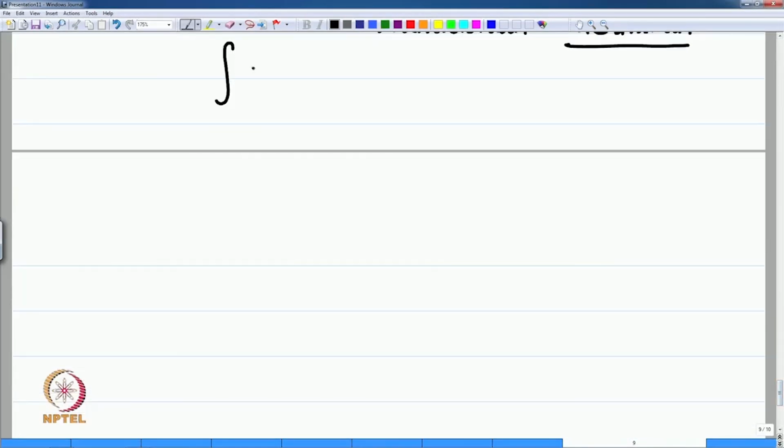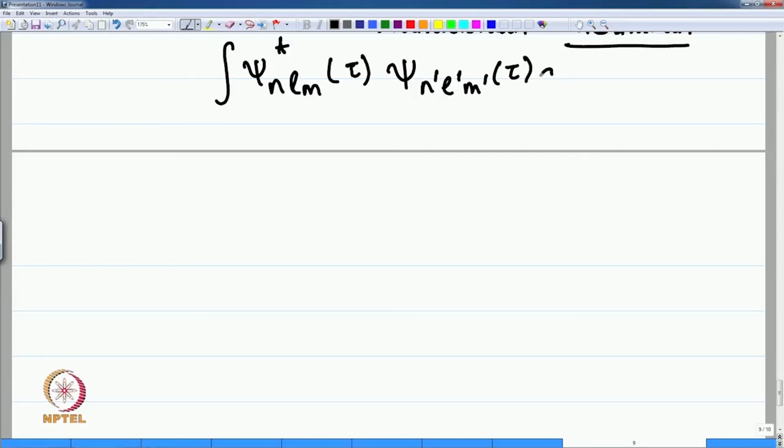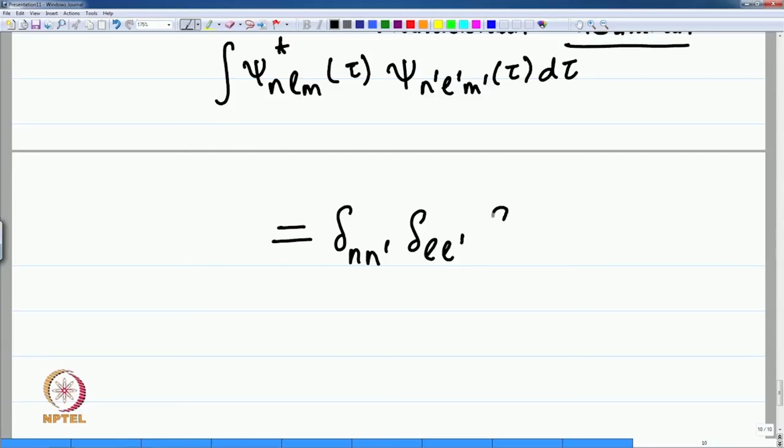The wave functions psi n l m, psi star n prime l prime m prime d tau, these functions are orthogonal to each other, and if I write that in the integral notation, the answer is the Kronecker delta n n prime, Kronecker delta l l prime, Kronecker delta m m prime.